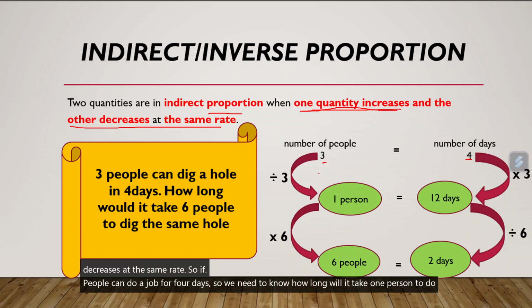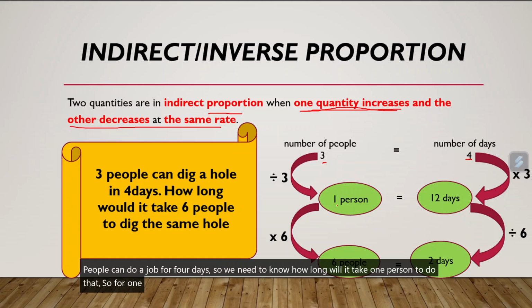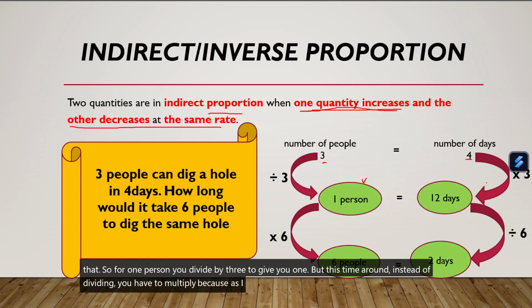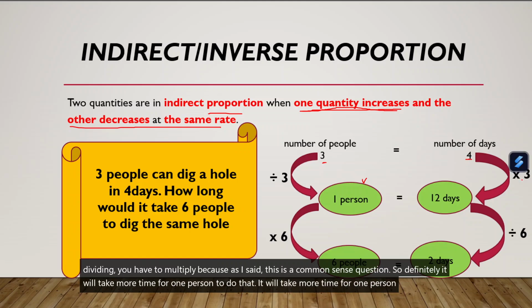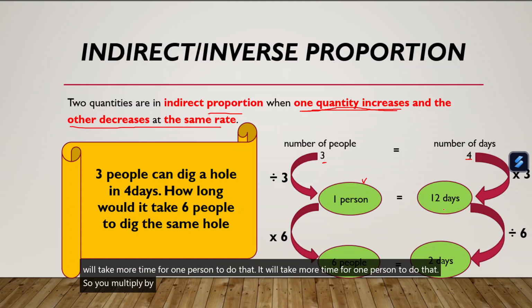For one person, you would divide by 3 to give you 1. But this time, instead of dividing, you have to multiply because, as I said, this is a common sense question. Definitely, it will take more time for one person to do that. So you multiply by 3 to get 12 days.